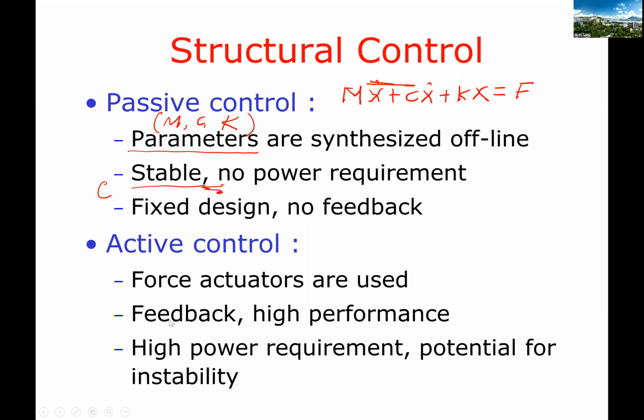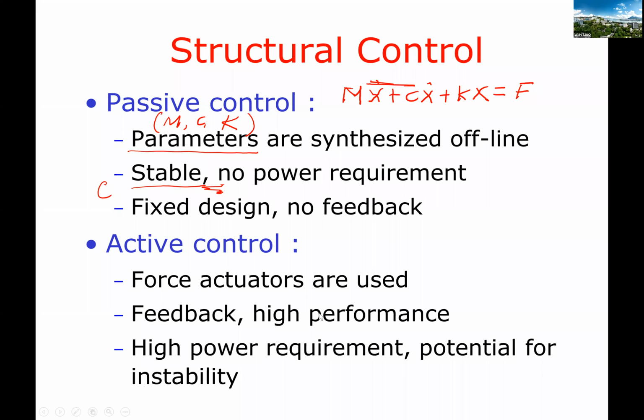For example, the good feature of the passive is that it is stable and no power is required. But the limitation is a fixed design and no feedback, so performance may not be good enough. And for active, the good feature is high performance with feedback, but the issues are the power requirement and also stability.